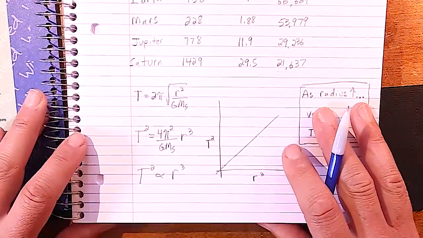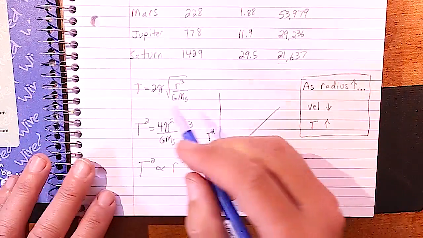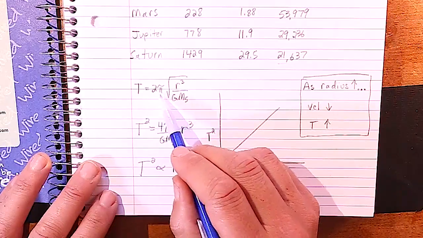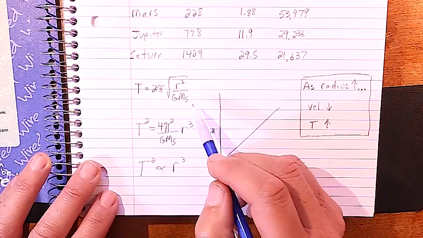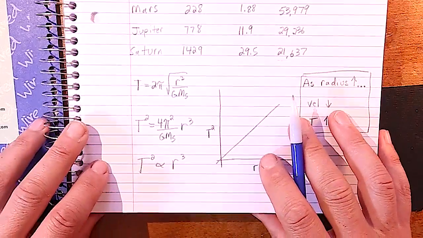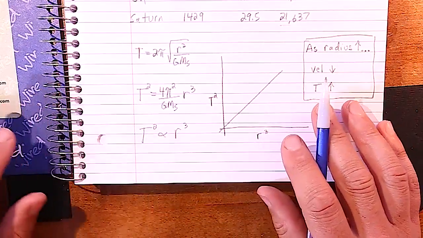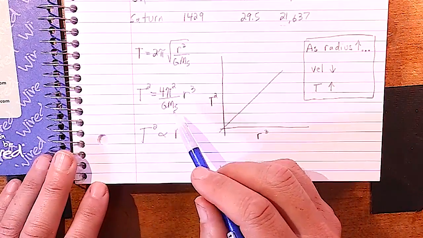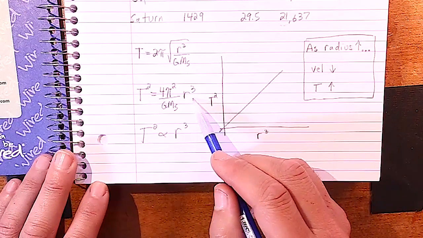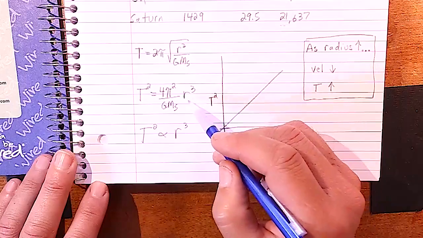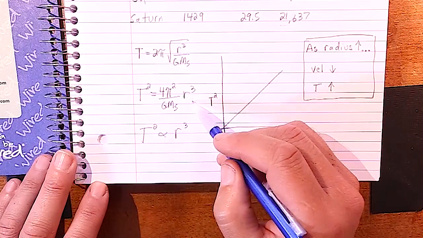So what are these relationships here? So we know that T is equal to this formula, 2 pi square root of r cubed over GM of the Sun. Well, if we square both sides of this equation, we end up with T squared equals 4 pi squared over GMs times r cubed. Well, r is our variable, r is our change.